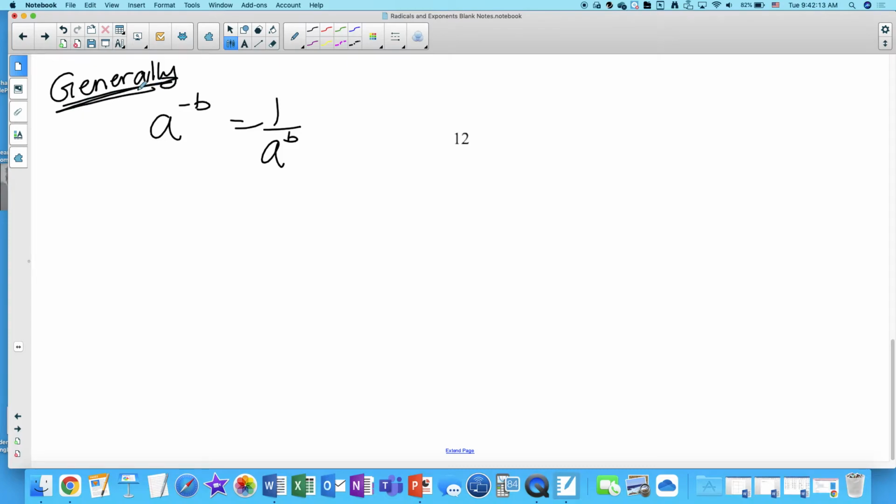What do you think this would be? What if the negative exponent is in the denominator? Wouldn't it go to the top? Yes. So now it's going to move to the numerator. Okay. So this is going to be just a to the b.